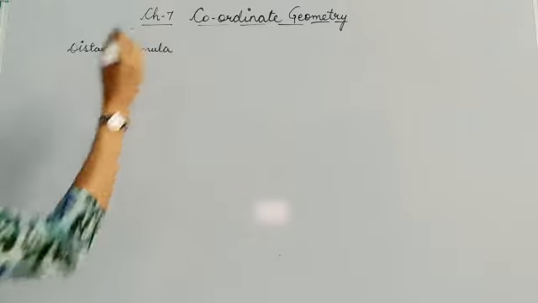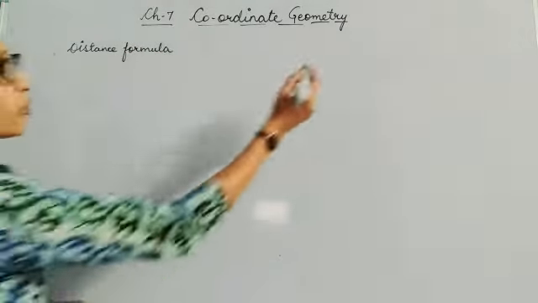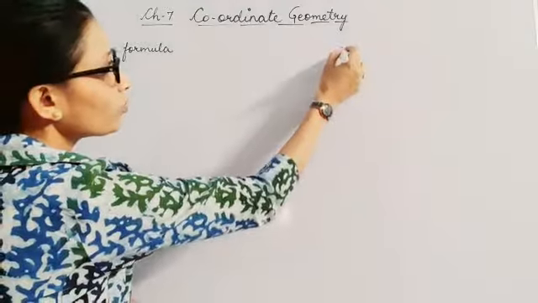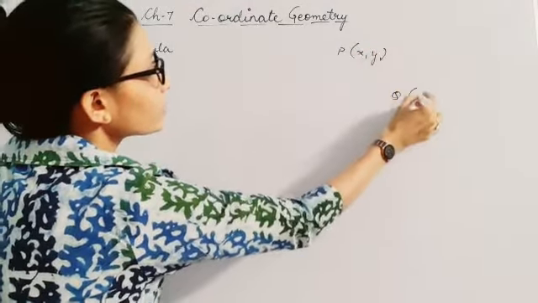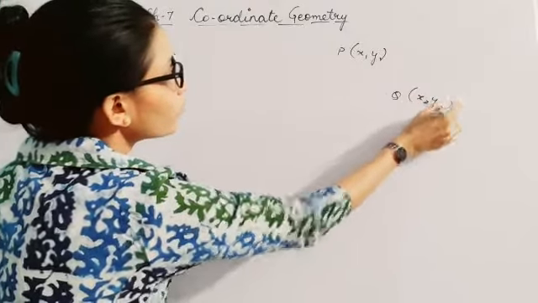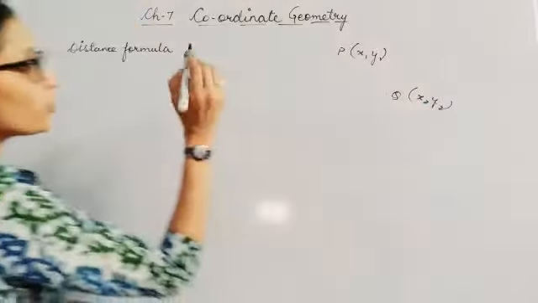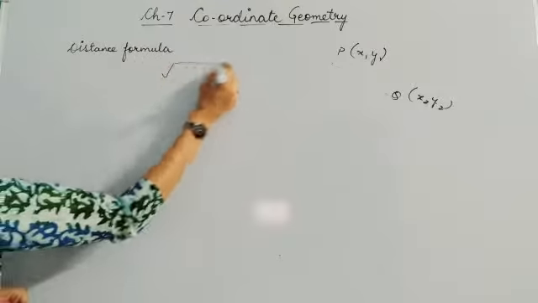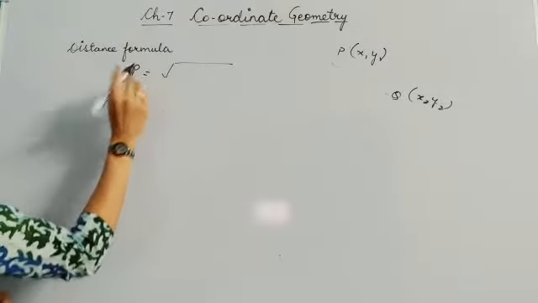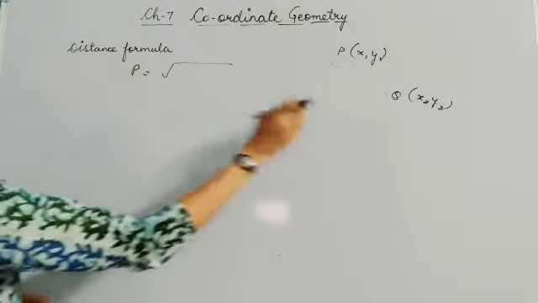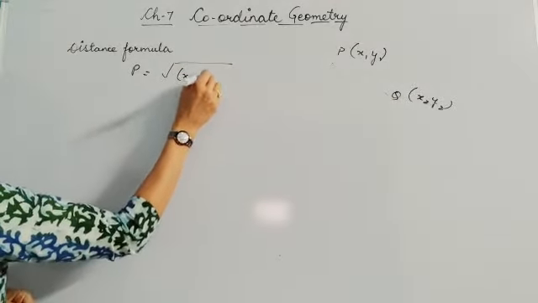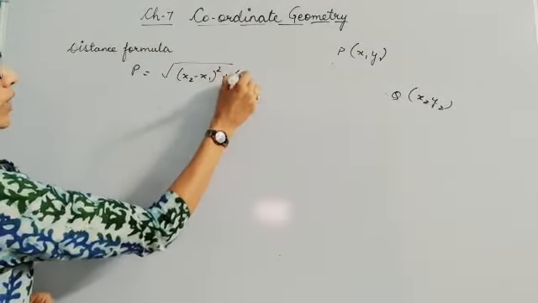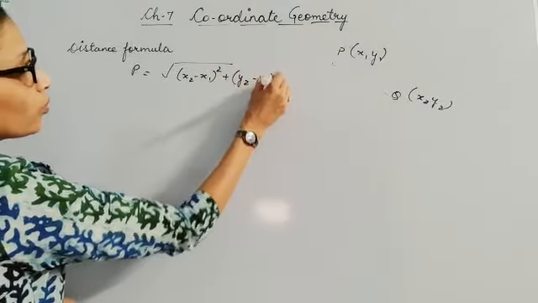That means whenever you are given with 2 coordinates and if you want to find out their distance, if you want to find out distance between P and Q, then you will be applying it as, you can write P equal to, which denotes the distance, P equal to square root of x2 minus x1 whole square plus y2 minus y1 whole square.